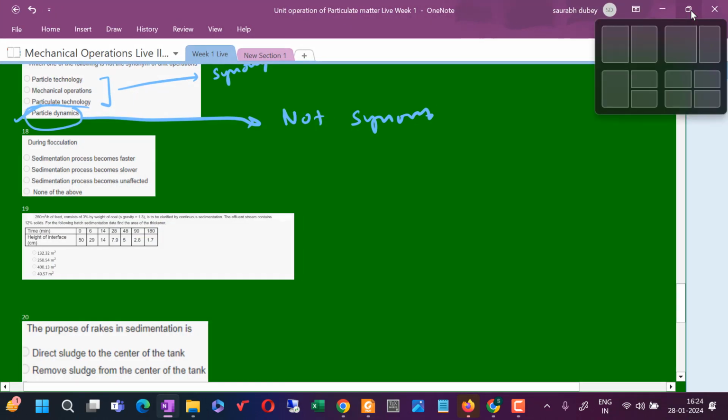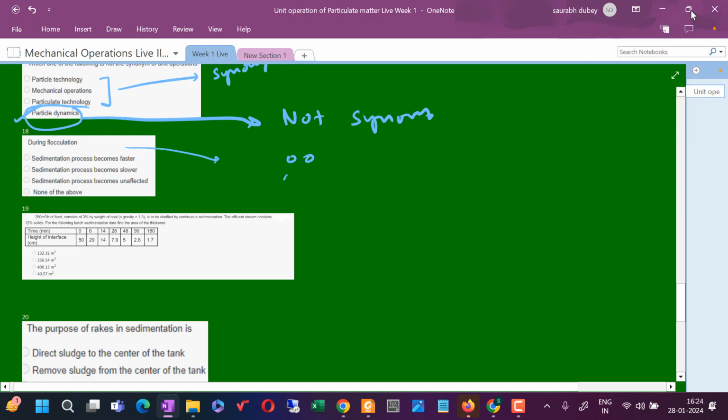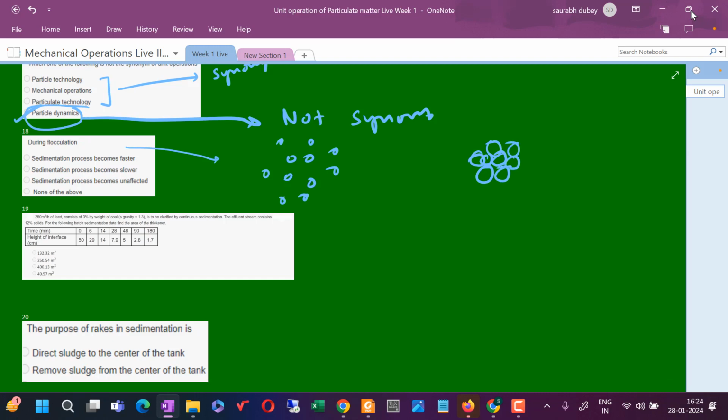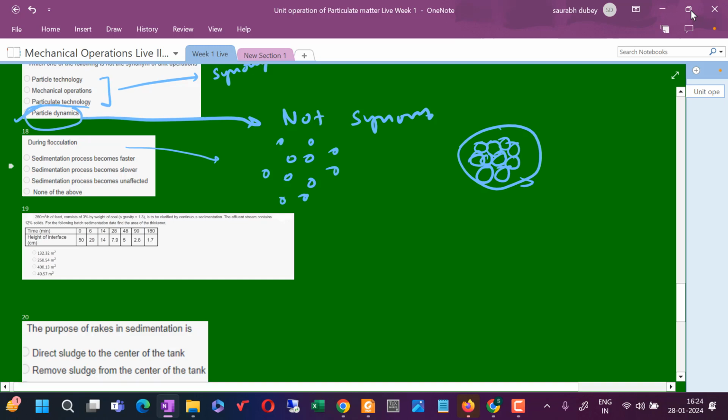Small particles that used to stay in suspension cleave together because of the flocculant, and their size becomes more, their density becomes more, and then they start to settle. So flocculation helps in the settling, and the sedimentation process becomes faster because of the flocculants.